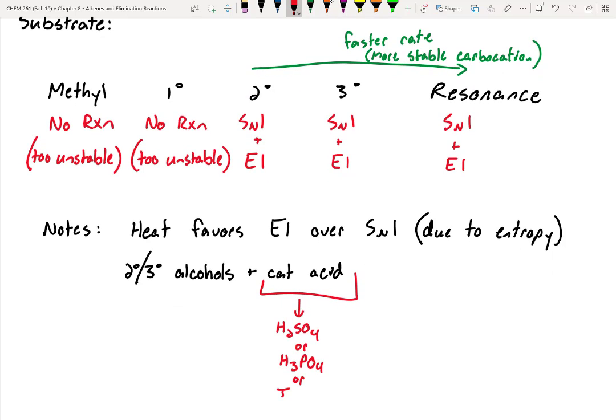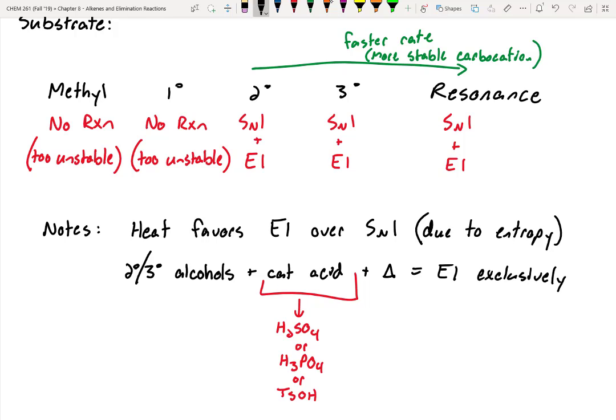Sometimes you see tosylic acid, however, that's a little less common. And you apply heat, which I'll show with that delta symbol. We get E1 exclusively. So you can actually use this to exclusively get E1. No SN1 will result out of this reaction, which is kind of nice. Does that make sense? All right.